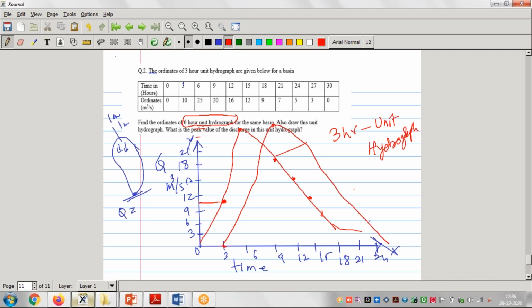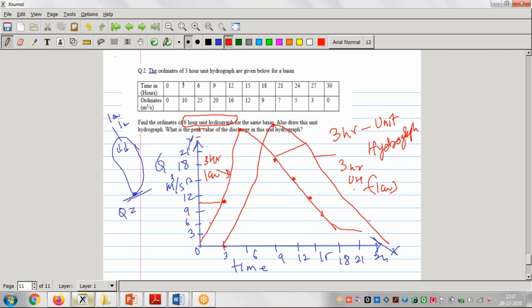So this is of what? This is a 3-hour unit hydrograph because of 1 centimeter rainfall, and this is also a 3-hour unit hydrograph, and again because of 1 centimeter rainfall, right?